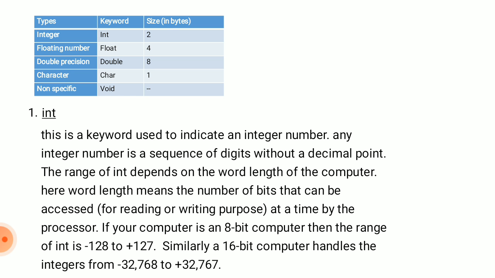If your computer is an 8-bit computer, then the range of int is minus 128 to plus 127. Similarly, if your computer is 16-bit, then it handles integers from minus 32,768 to plus 32,767.